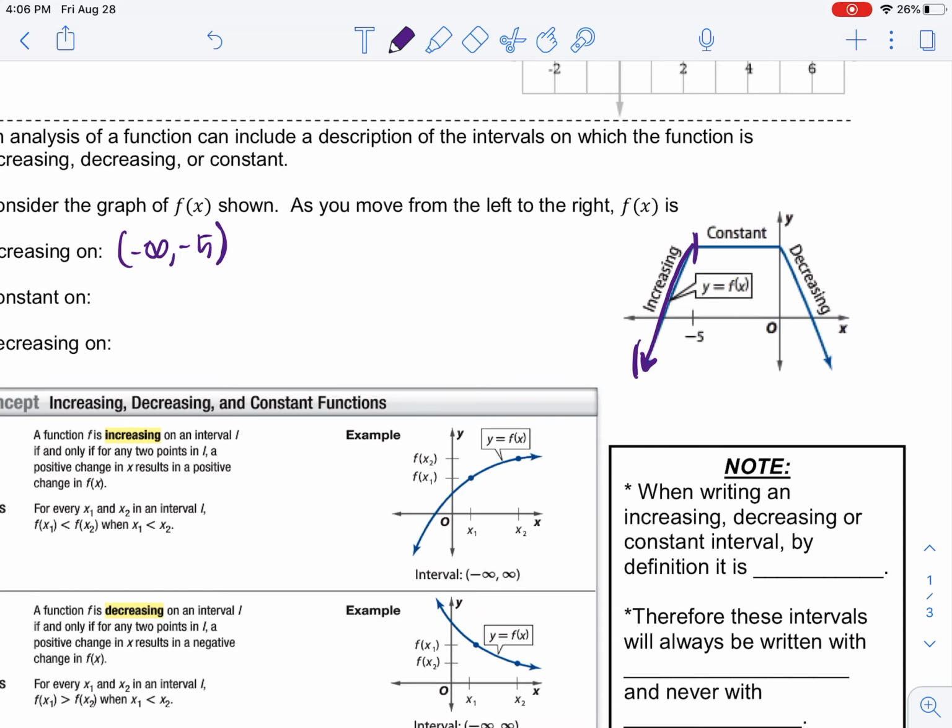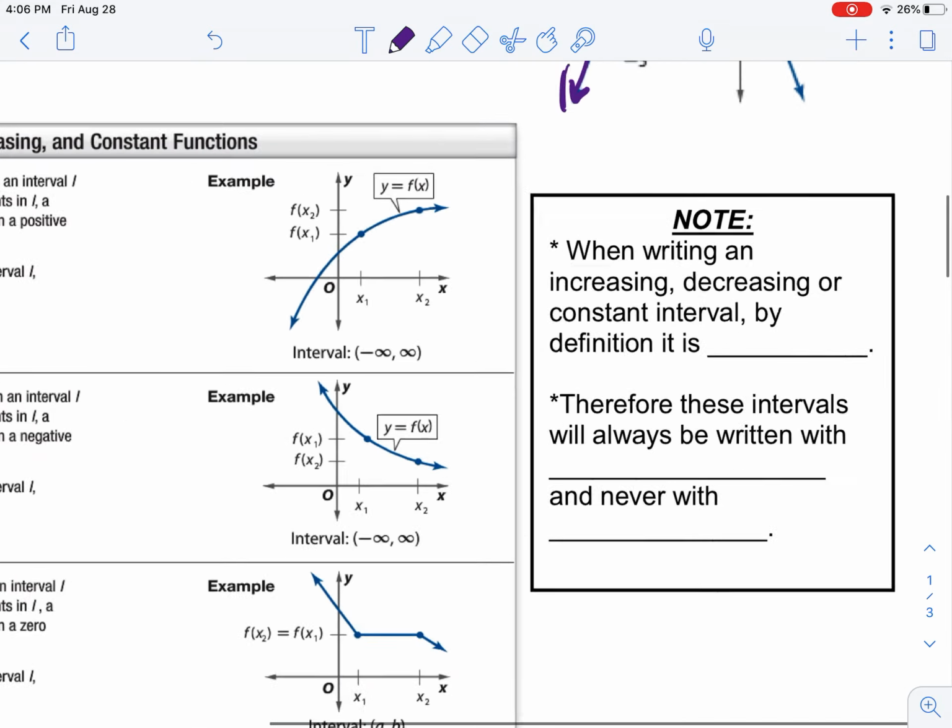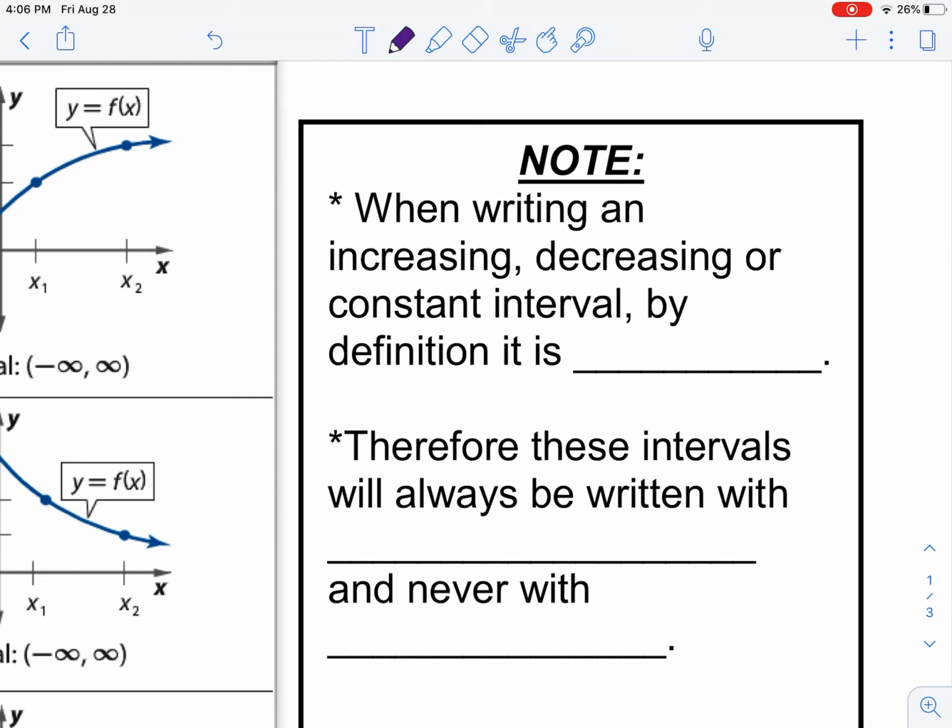Now I'm putting a parenthesis on this and not a bracket because let's go to this note over here. When writing increasing, decreasing, or constant intervals, by definition, it is on an open interval, so it is open. Therefore, these intervals will always be written with parentheses and never with brackets.